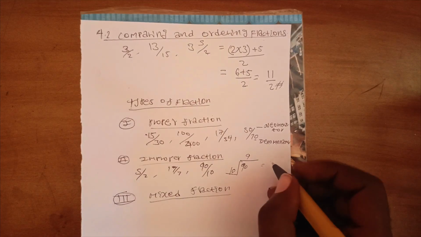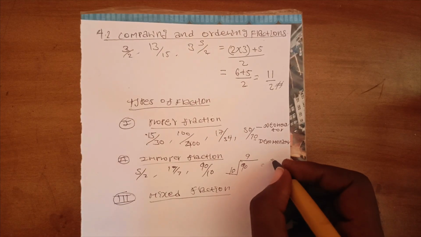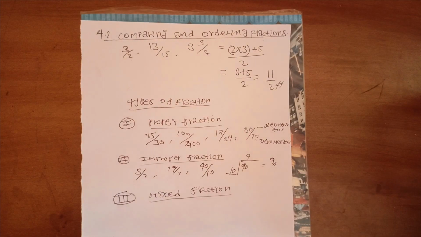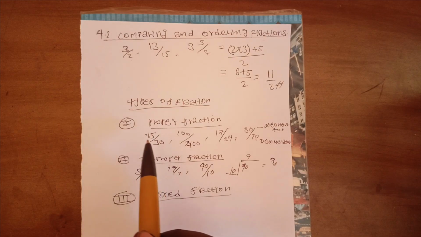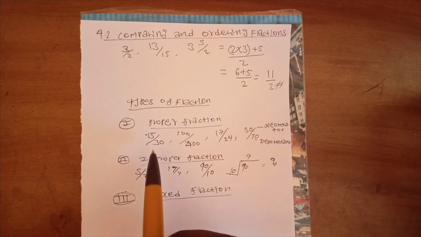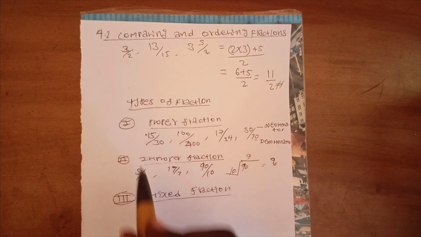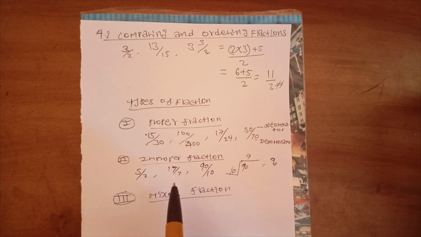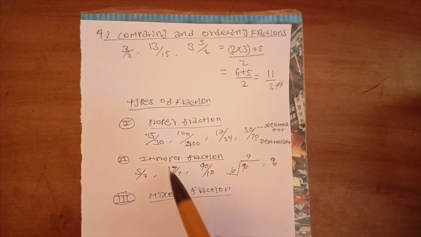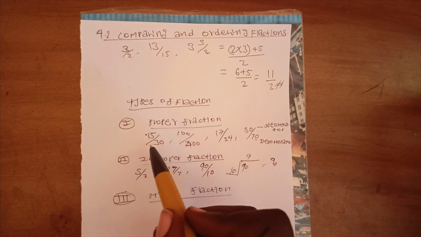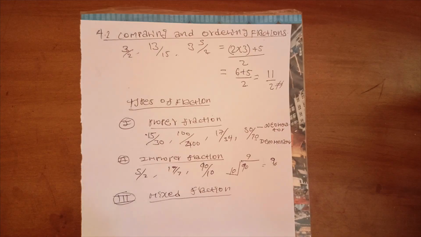So it can be a whole number or natural number. Understand? So this is an improper fraction, but here they can't be a mixed number or natural number, because their numerator is less than the denominator. Understand me?